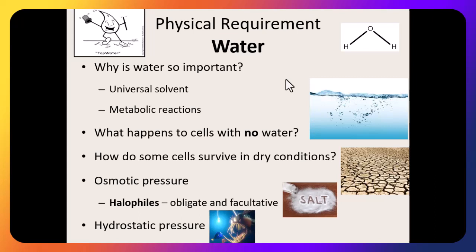Hydrostatic pressure. What movie is this from? Finding Nemo. Where are they in this particular little picture? Where are they in the ocean? Yeah, they're down in like the deepest, darkest trenches. And that's bacteria that's in there that makes that glow. There are bacteria that require a high water pressure.